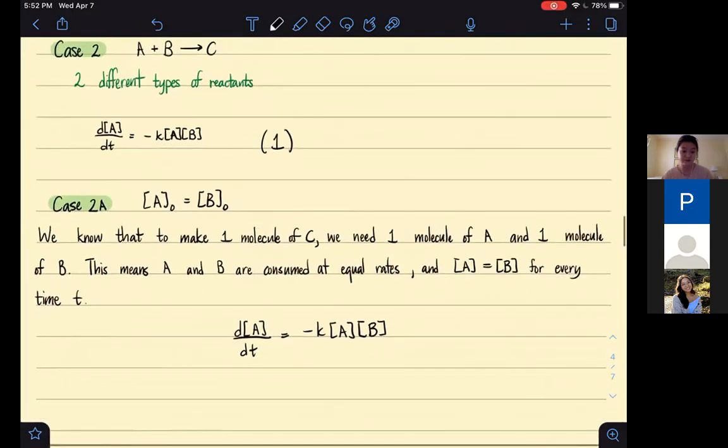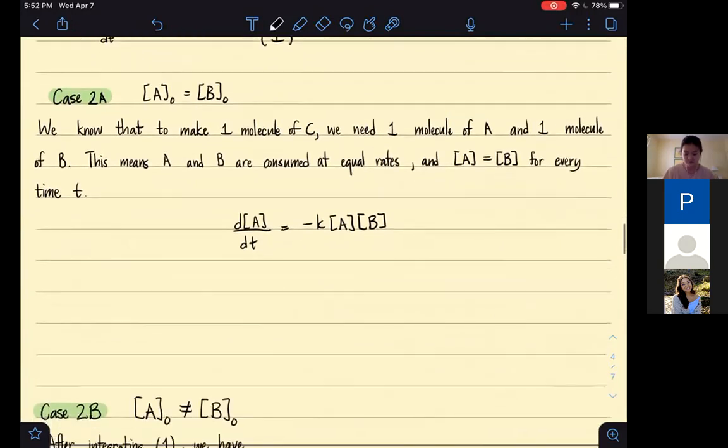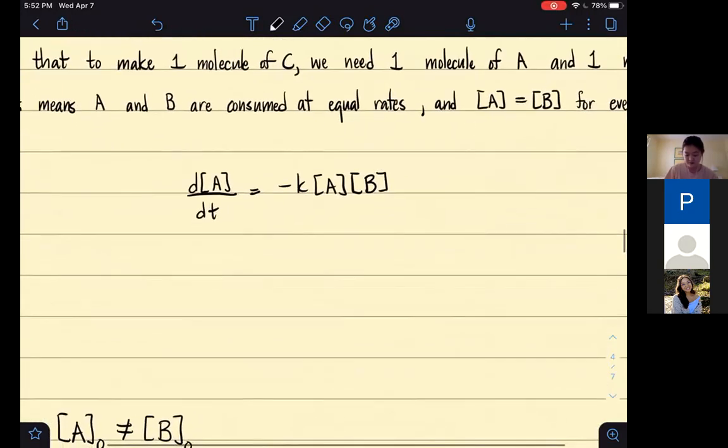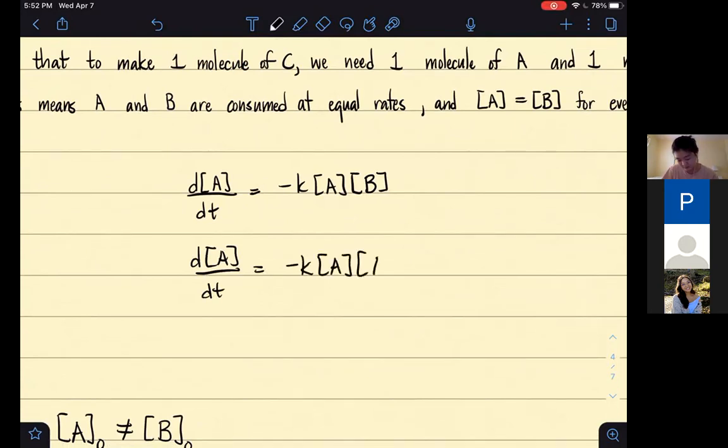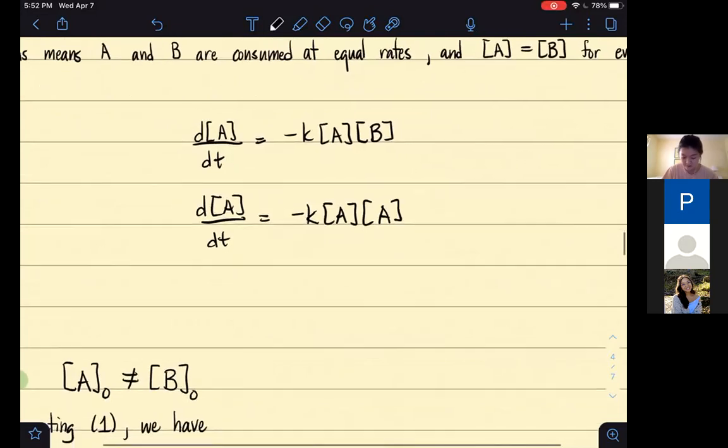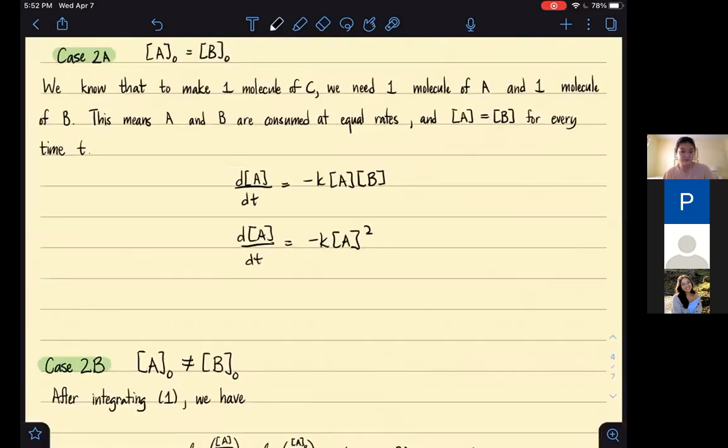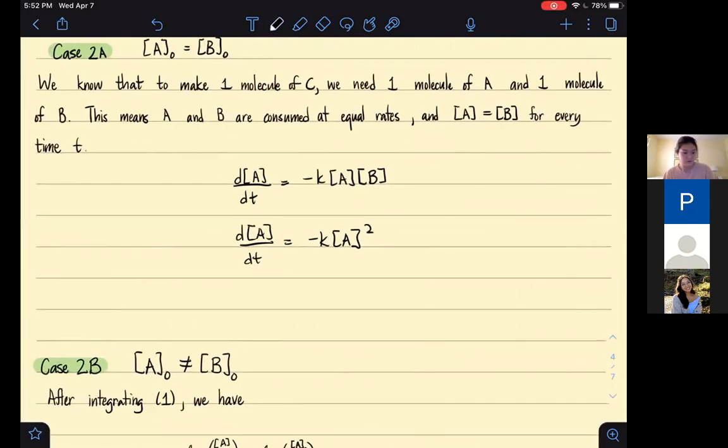for every time T. So then this term just simplifies to, we can just write the concentration of B in terms of A. So that will be this. And then that term is just another way of writing the square. Okay.